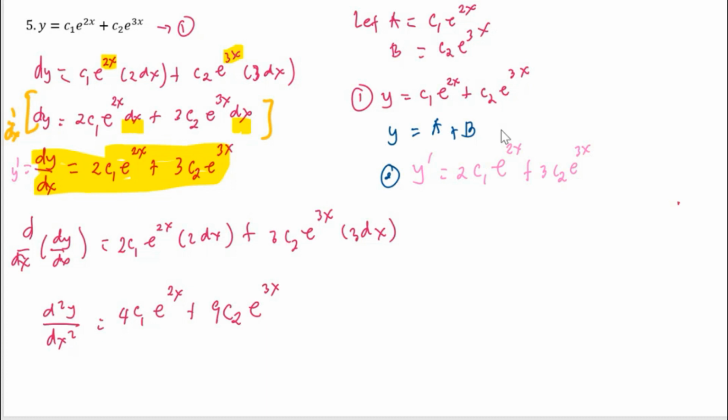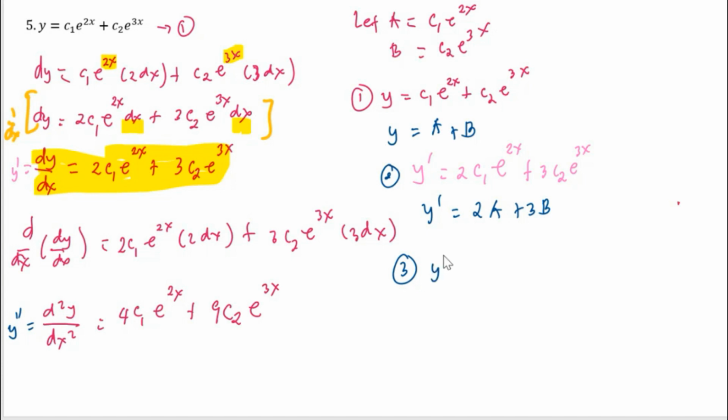Changing this in terms of a and b, we can write y prime is equal to 2a plus 3c sub 2 of e raised to 3x, which can be written as 3b. So this is now our equation number 2. Now, since we still have the third equation, I will use the second derivative, d squared y over dx squared, which is just equivalent to y double prime.